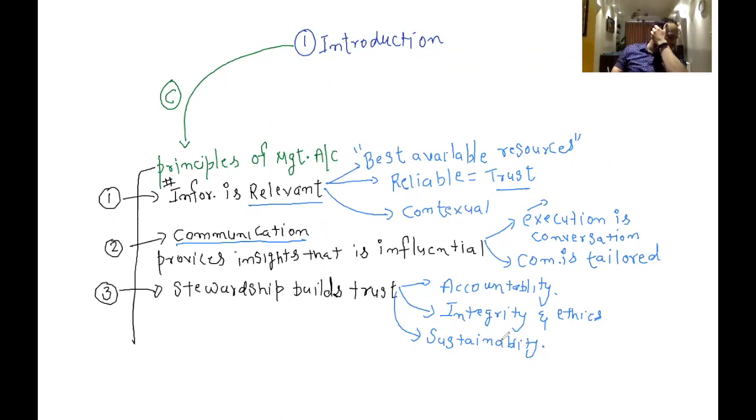Sustainability means the organization is not always profit oriented. The organization should think about something beyond the financial issues, which is society or the environment. The organization must think about the environment, the planet, social lives, and all these kinds of things, right?